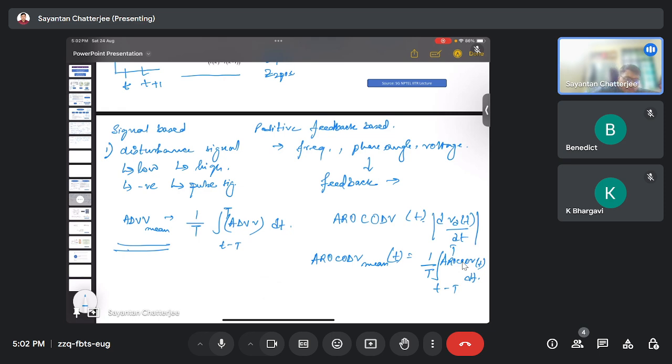When we rely on multiple parameters or factors to detect a single trip signal, and to find out whether the system is in islanded mode or grid connected mode, it becomes much more beneficial, because we are relying not on a single value but on multiple decision making quantities. Okay, that's the thing.